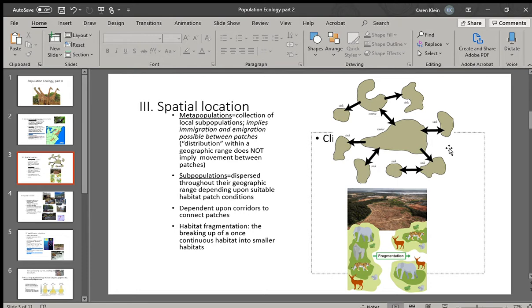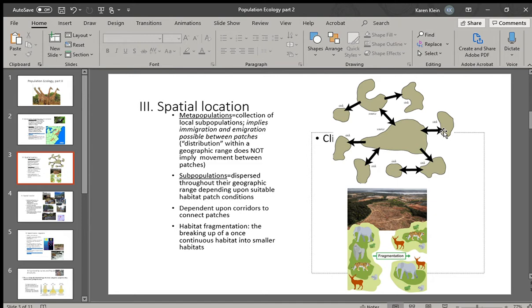Whereas in a metapopulation with subpopulations, you do have that phenomenon occur, that is, migration occurring from one patch to another. The pathways or the areas that connect these patches where the animals migrate are referred to as a wildlife corridor.